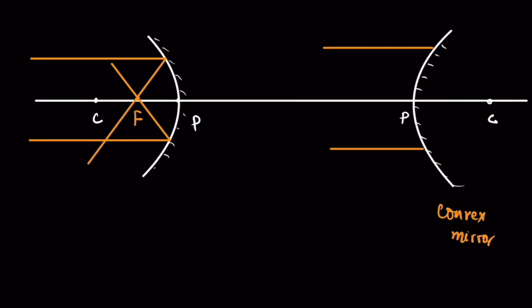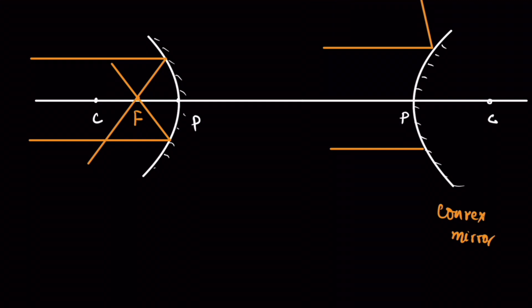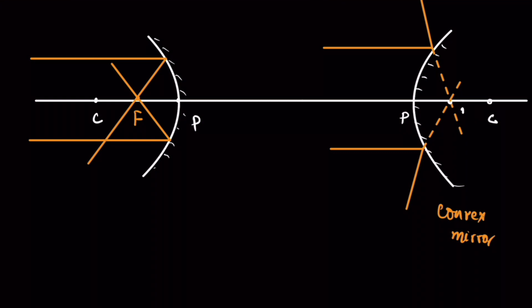Both will diverge, and they appear to meet at a point on the principal axis. This is principal focus. I hope you understood this concept properly. In ray diagrams, we commonly use these concepts.